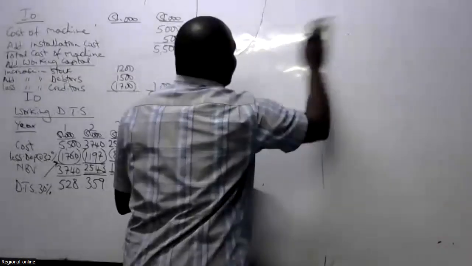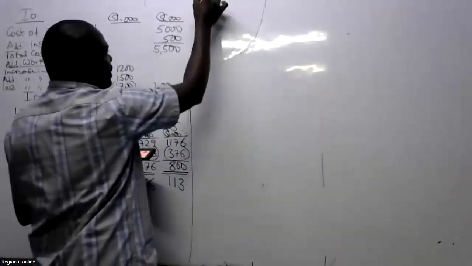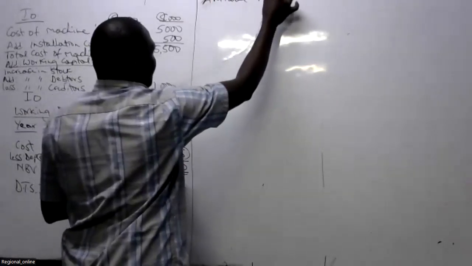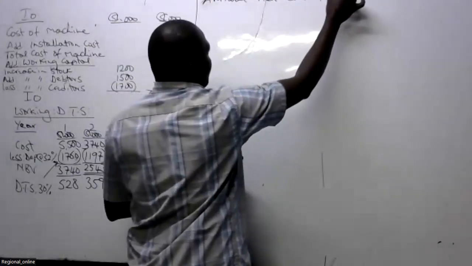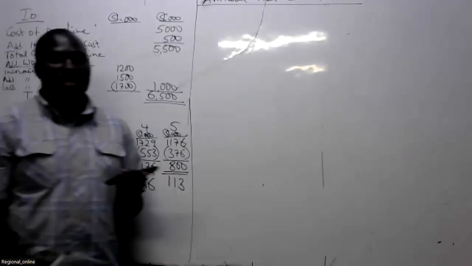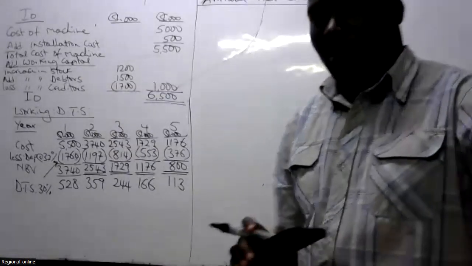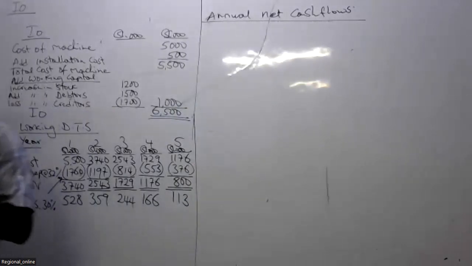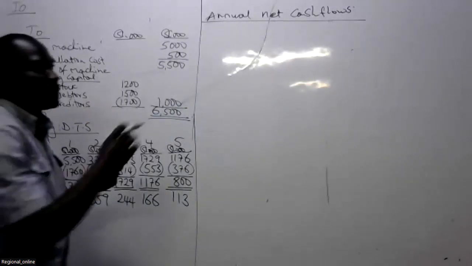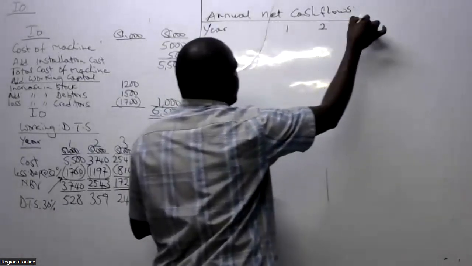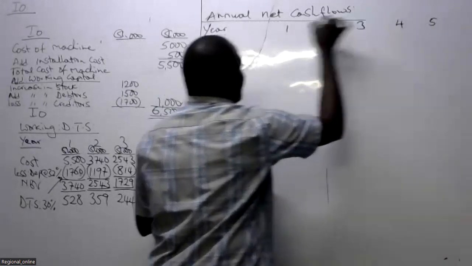So let's go to annual net cash flows. The years are 5, right? So we have year 1, year 2, year 3, year 4, and year 5.